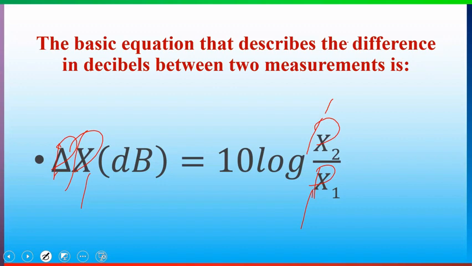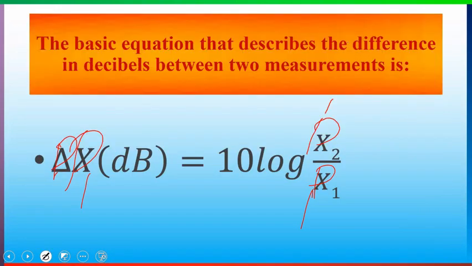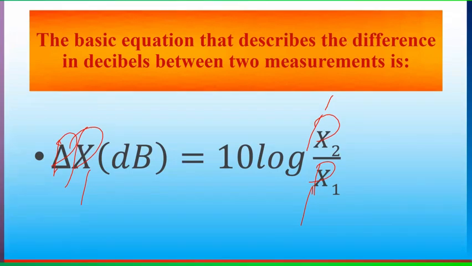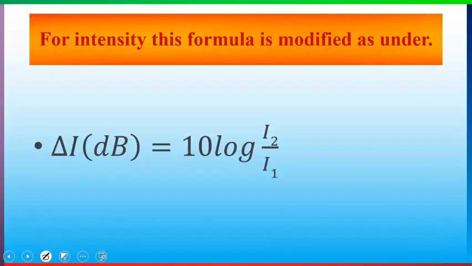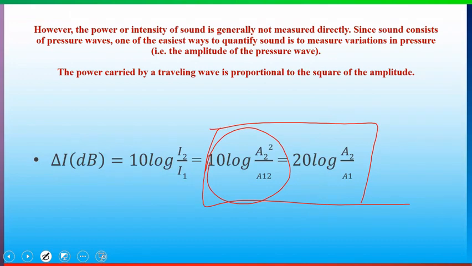And if we are using this equation for amplitude or voltage, then we'll square it. This entire equation will be squared because we know that power is directly proportional to amplitude square. So here we have squared it. The generalized form was the change in any quantity.